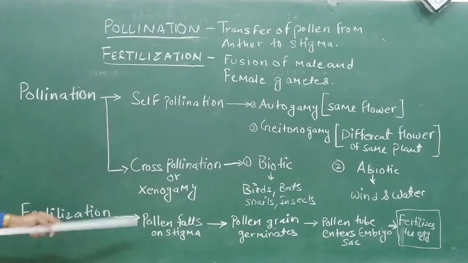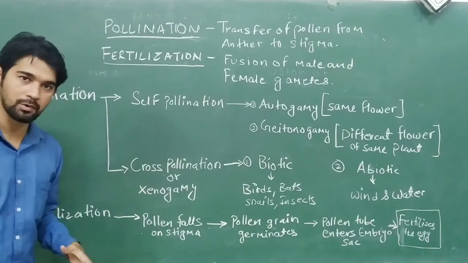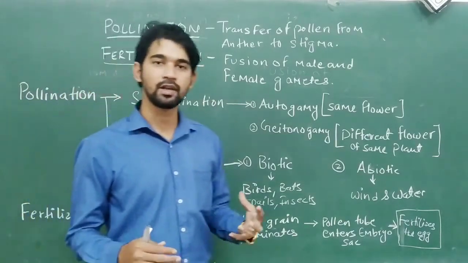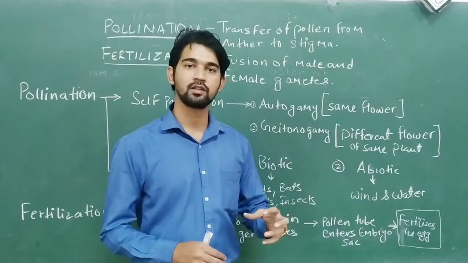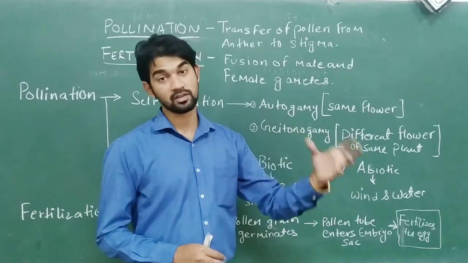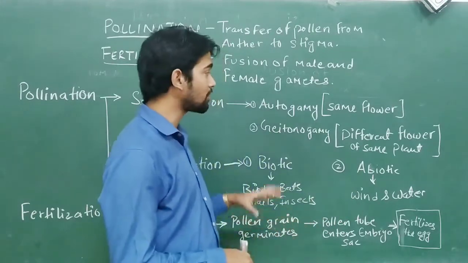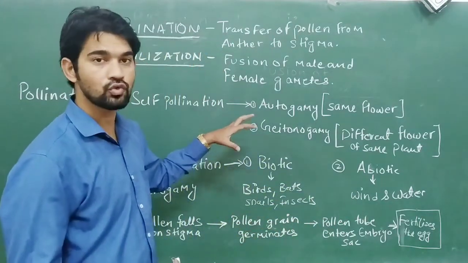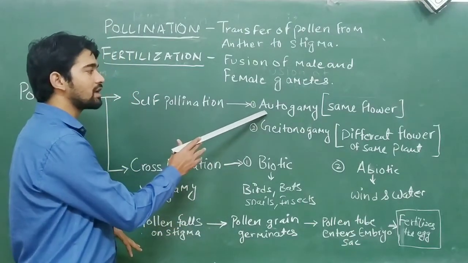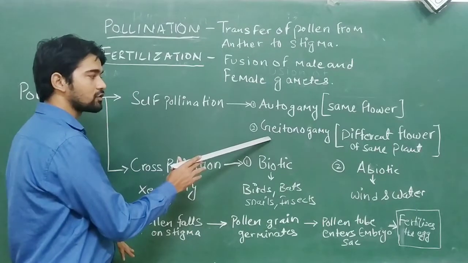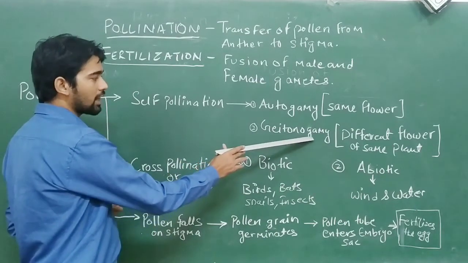One is self-pollination, the other is cross-pollination. Self-pollination is when the pollen is transferred within the same flower, and it is of two types also. The first is known as autogamy, the other is known as geitonogamy.